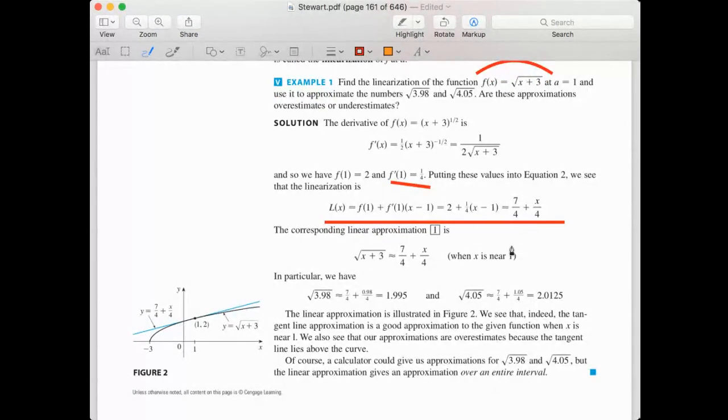Minus 3 doesn't make sense. Why minus 3? Oh, okay. No, it's written this way.